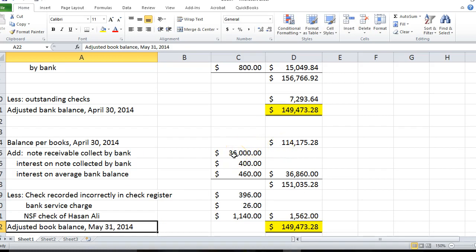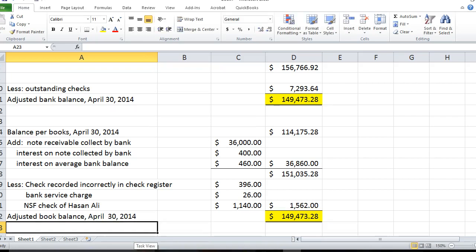We add the note collected, the interest collected, and then the interest on the average balance collected. We subtract the check that we recorded incorrectly, the bank service charges, and our NSF to come up with a new adjusted balance that is going to match our adjusted balance from our bank, $149,473.28.